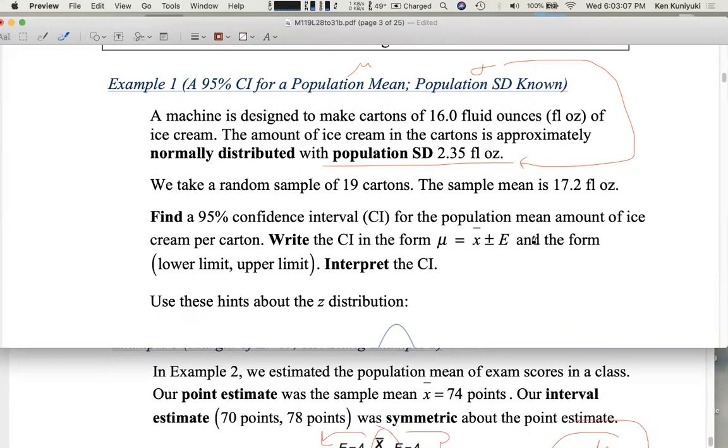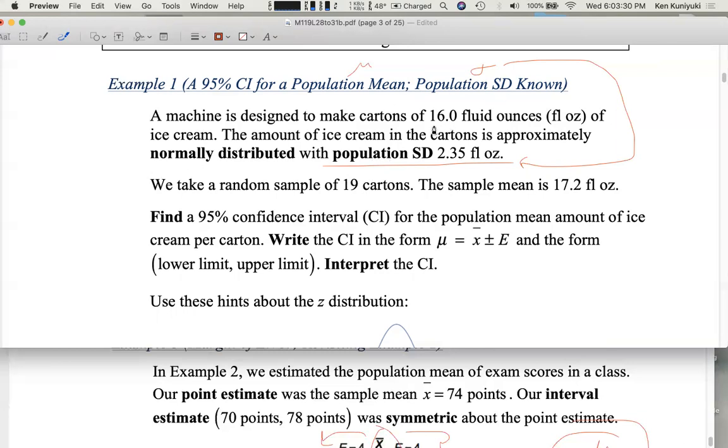We're going to assume that the machine always exhibits the same amount of variability among the cartons of ice cream that it produces. However, we're wondering if the machine needs to be recalibrated, in the sense that we're wondering if the machine might be producing too much ice cream to put in the cartons, or maybe it's putting too little ice cream in these cartons.